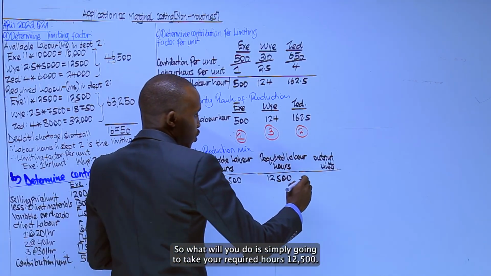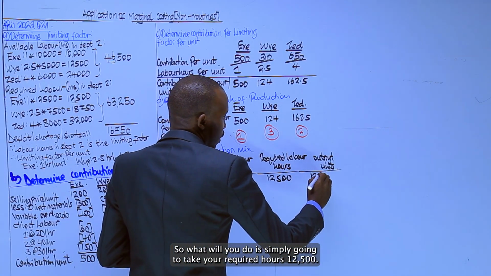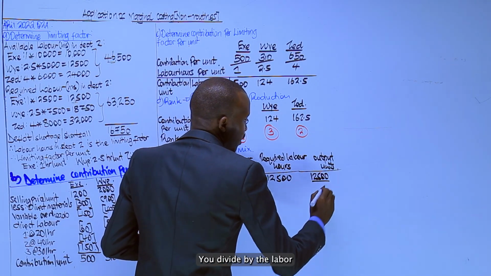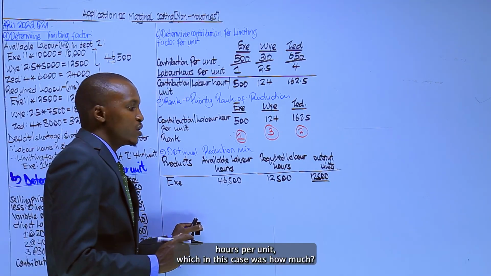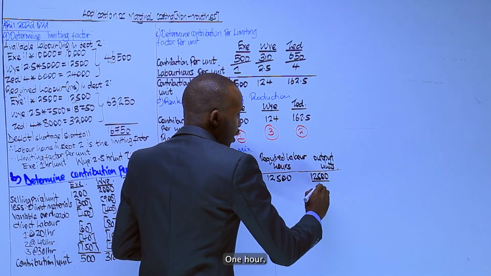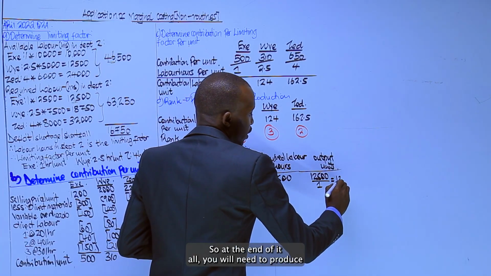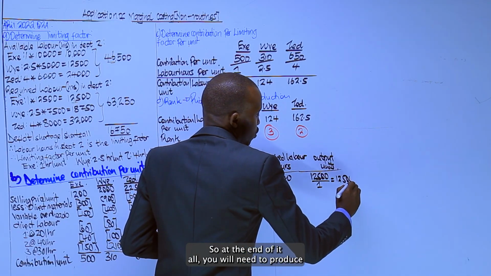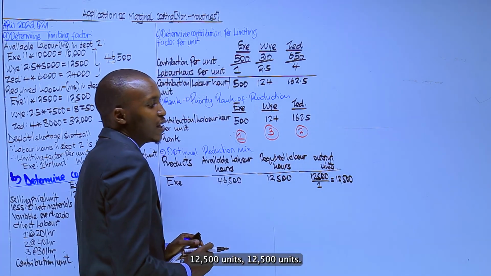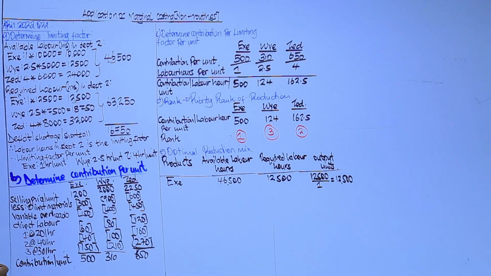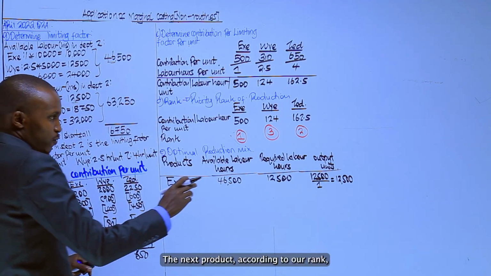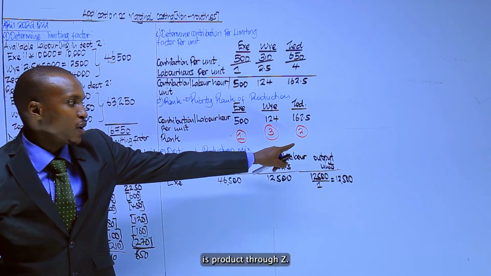You're simply going to take your required hours, 12,500, and divide by the labor hours per unit, which in this case was 1 hour. So at the end of it all, you will need to produce 12,500 units.